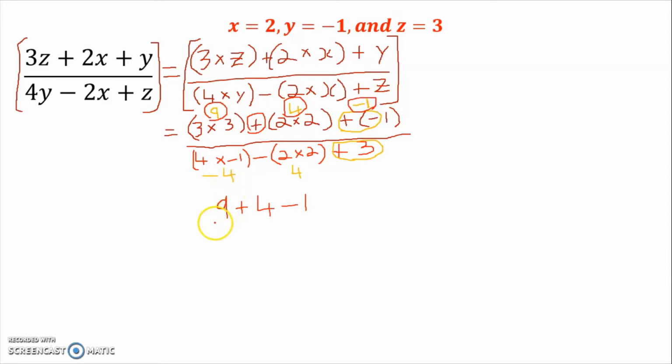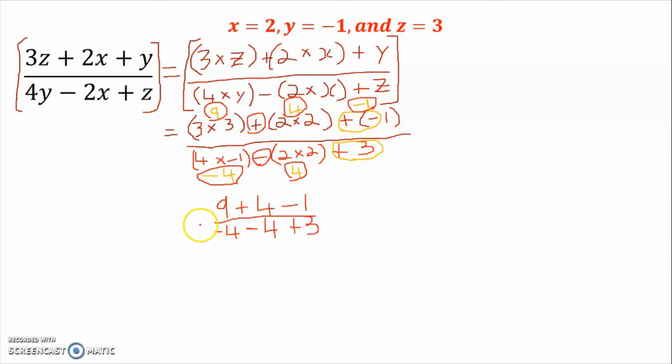Then we have all that over negative 4. We bring down the negative 4 from here, the minus sign, and then the 4, and then you bring down the plus 3. So minus 4 plus 3.